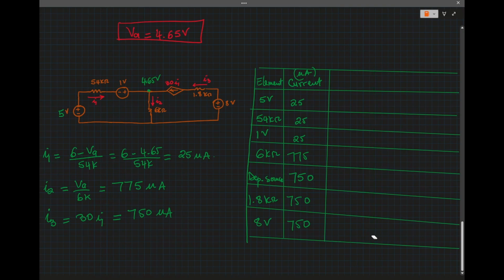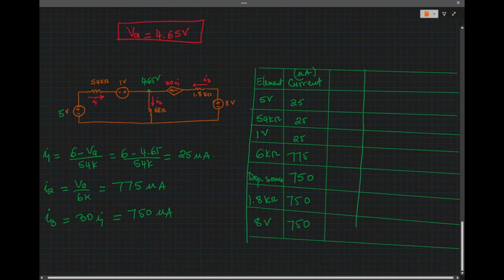Okay, that's good enough. So we have voltage, that will be in volt.